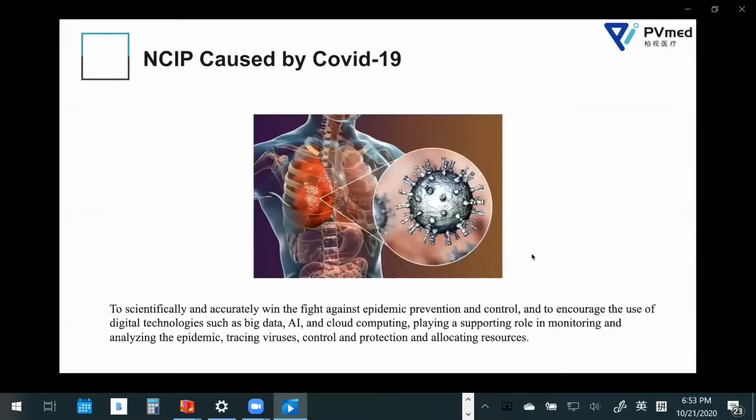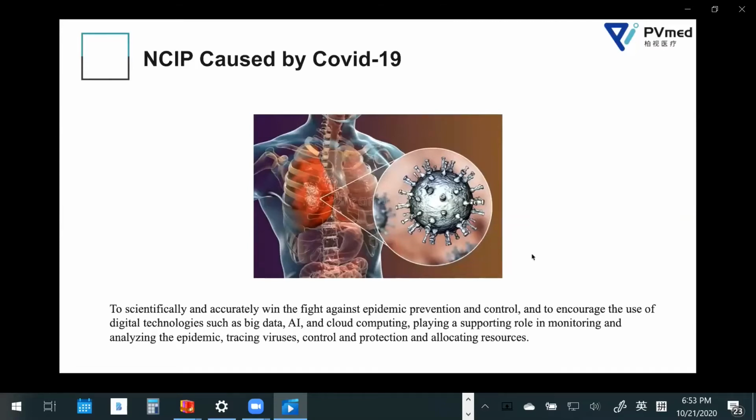Nucleic acid testing is a gold standard for the diagnosis of COVID-19. Although the specificity is high, it has disadvantages of being time-consuming and having a high false negative rate. Therefore, imaging examination has an important role in the clinical diagnosis and efficiency evaluation of NCIP.